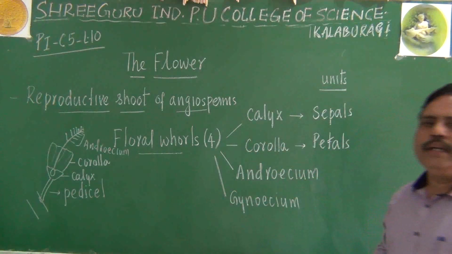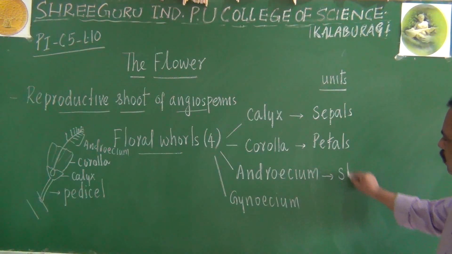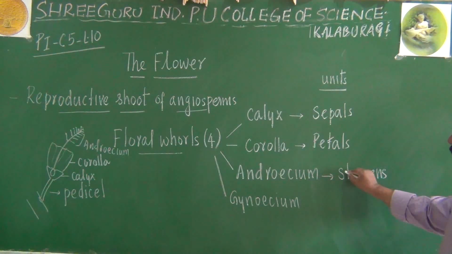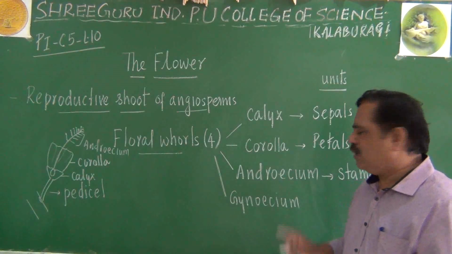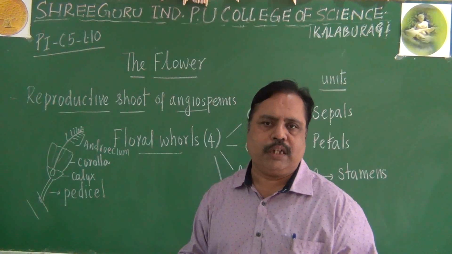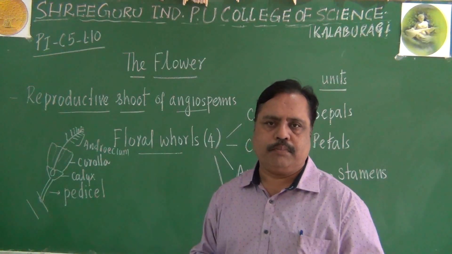Next, the androecium. Please listen. The androecium is made up of stamens. Remember, stamen. The structure and function of the stamen we will see later. I just want to introduce the terminology here. So stamens are the units of the androecium.